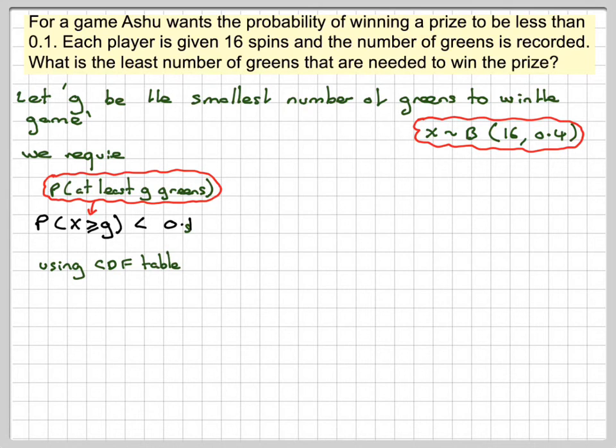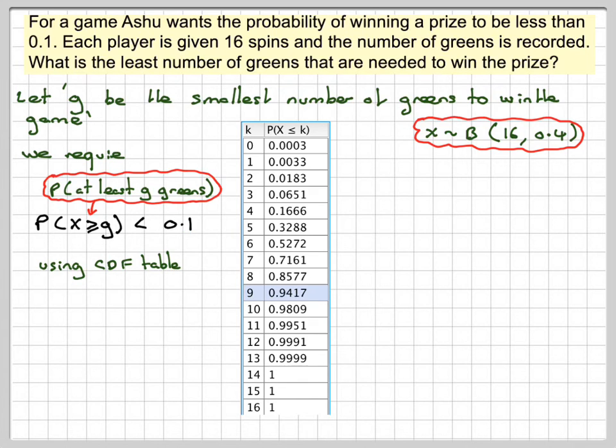So using the CDF table, if we do the probability x is greater than or equal to 9, we need to do 1 minus the probability before it. Don't forget this is the sum of the first 8 here, which gives me 0.1423.